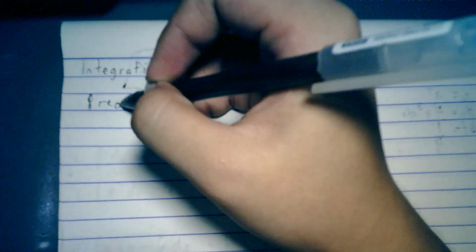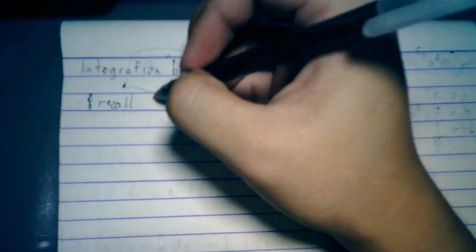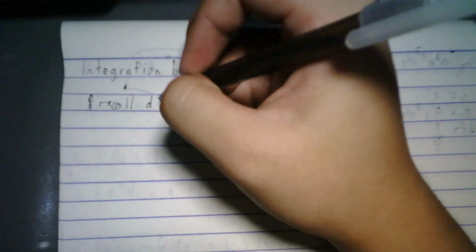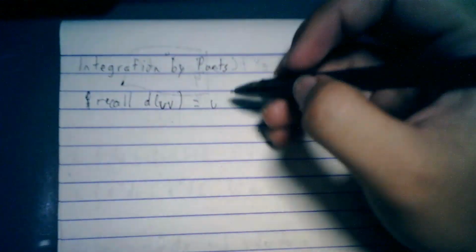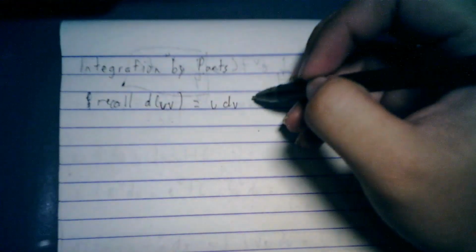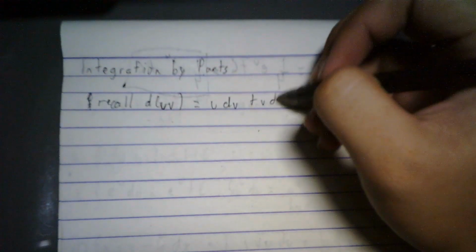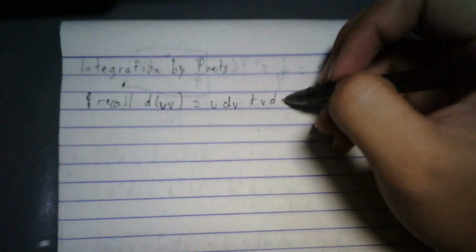First we need the formula. We need to recall the derivative of u times v, which is u dv plus v du.